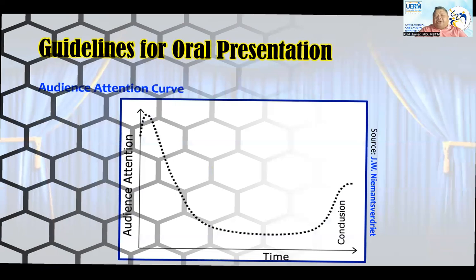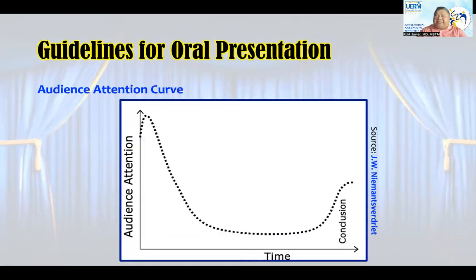Now, I was mentioning earlier how do you sustain the interest of your audience, especially if you're talking to a very big plenary. Let's say you are talking to 150 or 450 members of the audience. This is a typical graph of what the general public would have in terms of attention span. During the first few minutes of your talk, everyone's ears are glued to you.